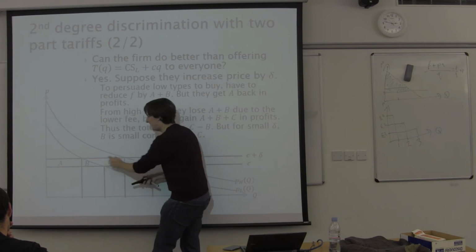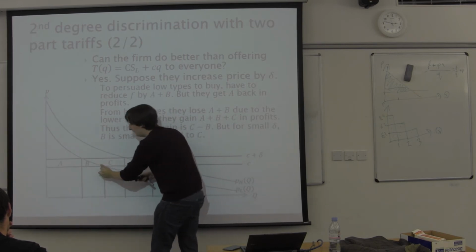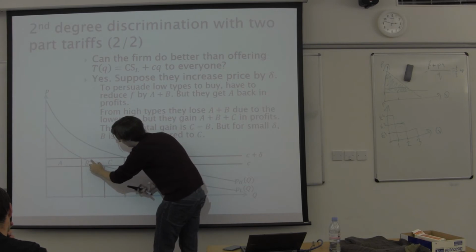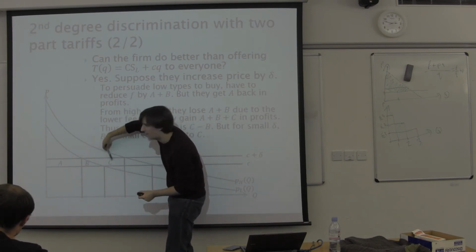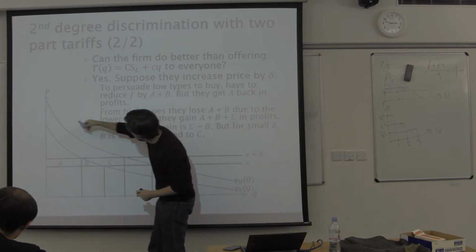And the trick now is just to see whether B is bigger than C. For small values of delta, as delta gets smaller and smaller, this triangle is going to decrease in size a lot faster than this square. That's the intuitive way to look at it.